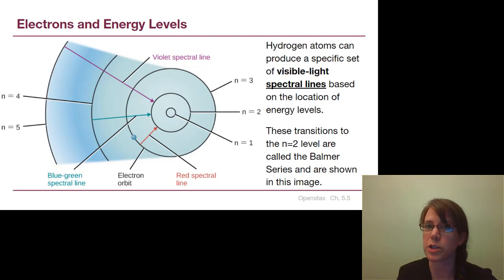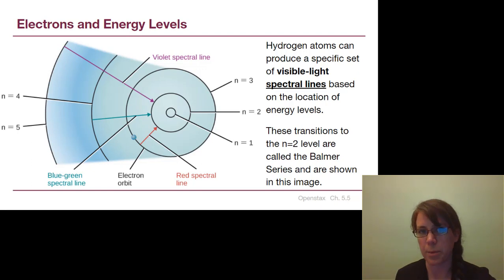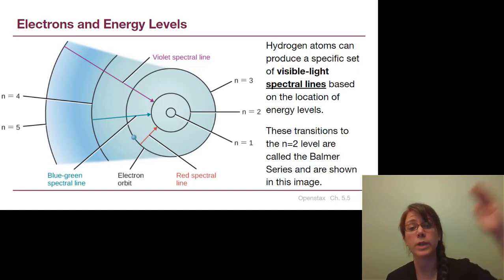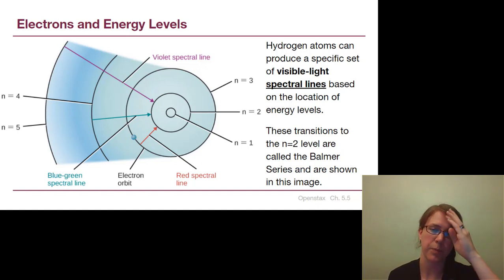So I'm going to pose the question and then I'd like you to pause and think about it. There's a different set of lines that go all the way down to n=1, the ground state. So from 2 to 1, from 3 to 1, from 4 to 1, from 5 to 1. They were discovered after the set shown here because they're not in the visible light range.